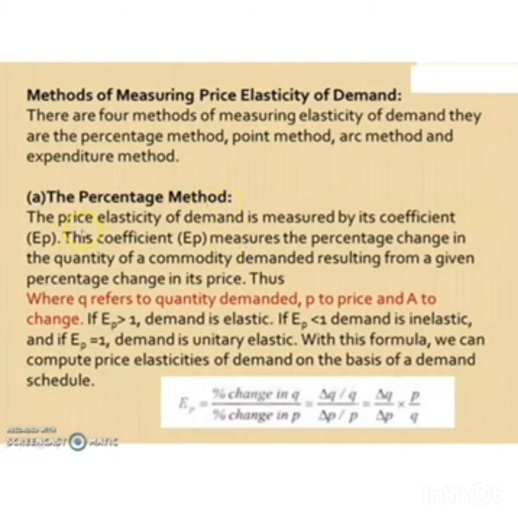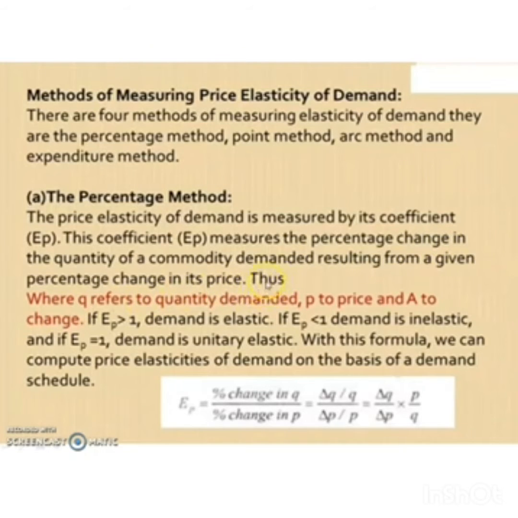Okay. So, the price elasticity of demand is measured by its coefficient. Coefficient means the percentage, the ratio. This coefficient measures the percentage change in quantity of the commodity demanded resulting from a given percentage change in its price.